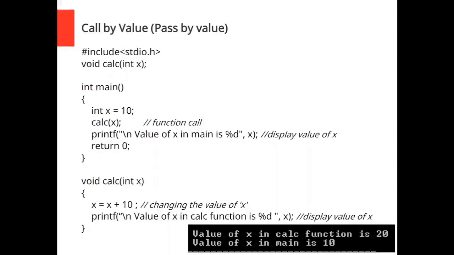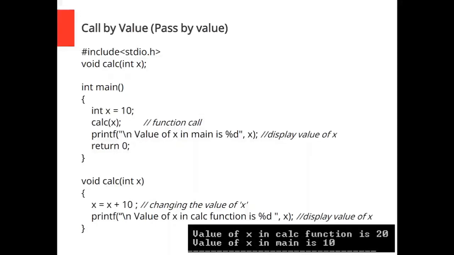Now we have the initial value as 10, and inside the calc function we changed the value to 20. So on displaying, the output is like this. The value of x in the calc function is 20 and the value of x in the main is 10.